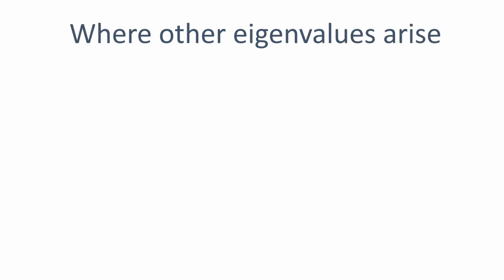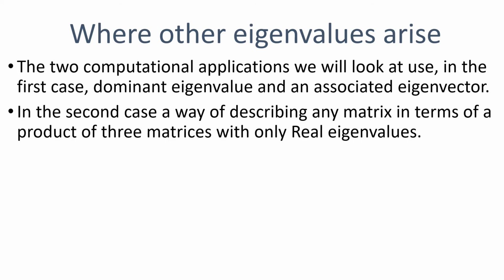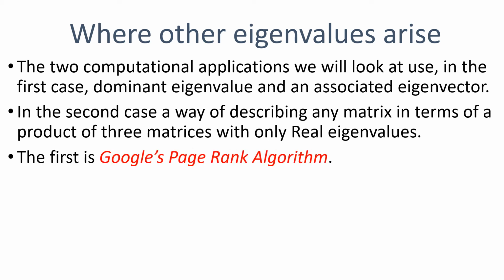So where do we find other eigenvalues occurring? In the two computational applications that we're going to be looking at in the final two lectures, the first of those only uses a dominant eigenvalue and a related eigenvector. The second case uses a technique which can take any matrix at all and express that matrix as a product of three matrices which only have real eigenvalues.